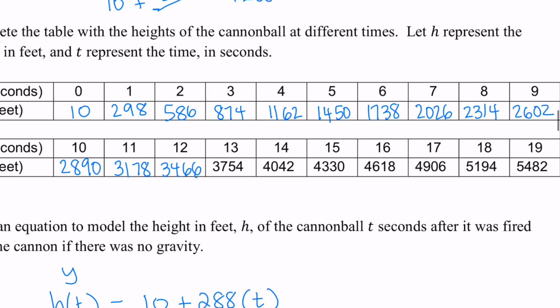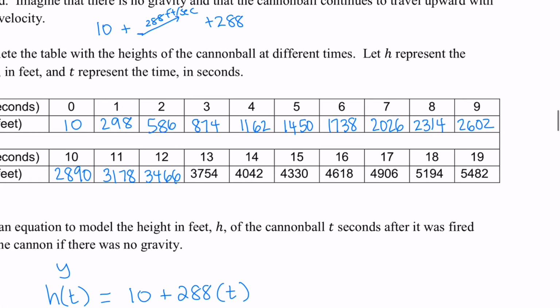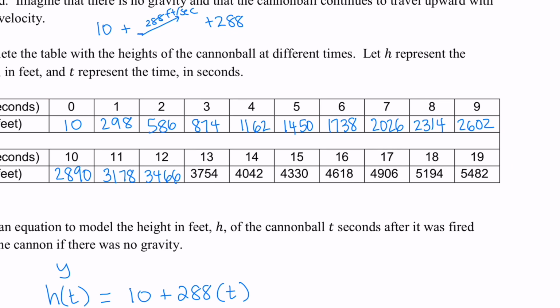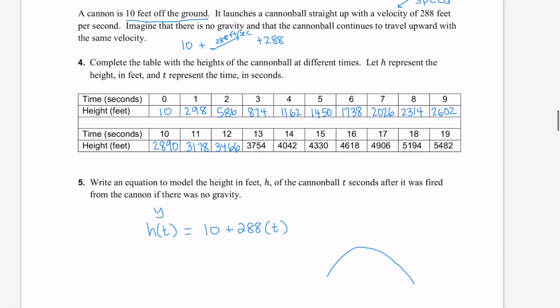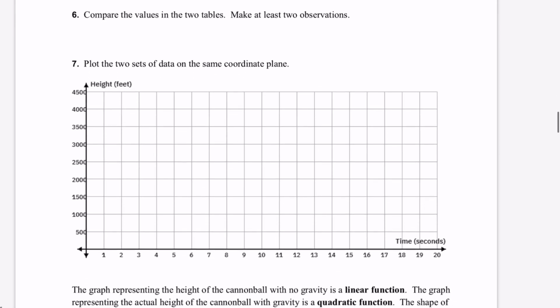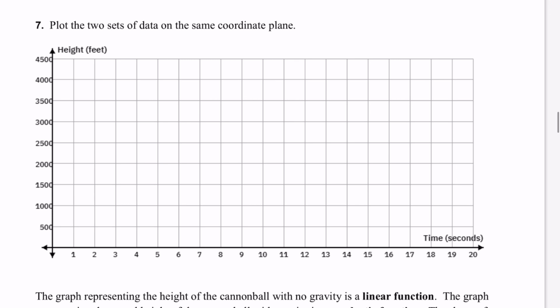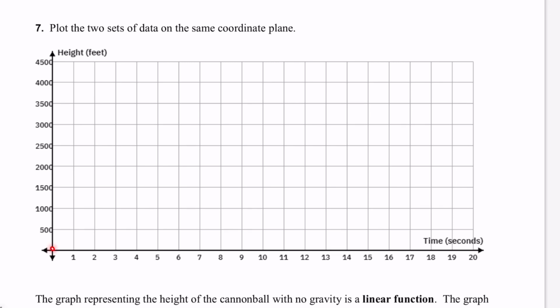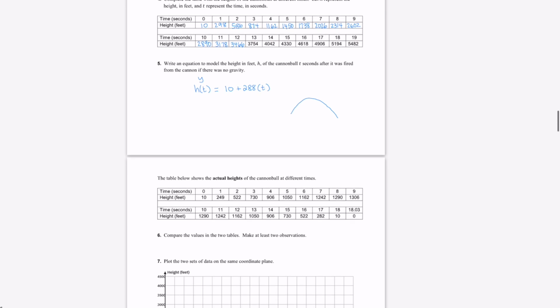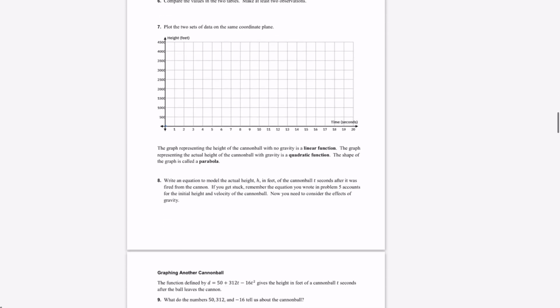So first thing we're going to do is graph all of these points. But when it's a straight line, we don't have to graph all of them. We just need to start with a couple of them, and then we will just connect it with a straight line. We're going to start at 10 at 0 seconds. So it's going to be very low. And then at 19 seconds, it goes up to 5,482.